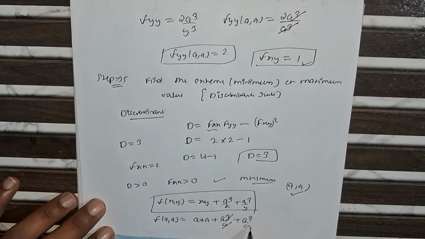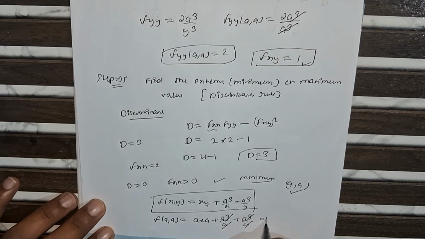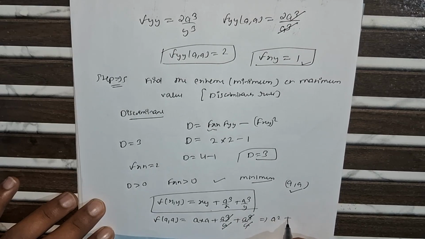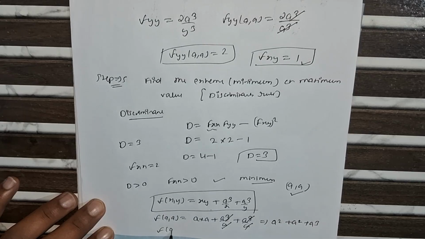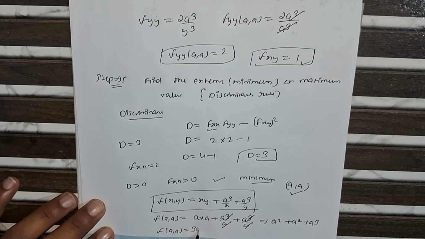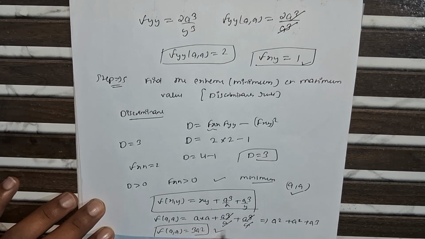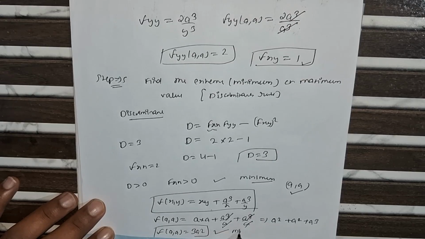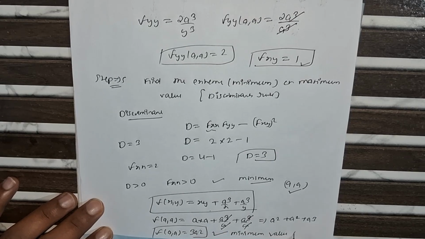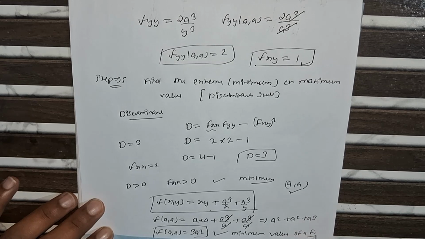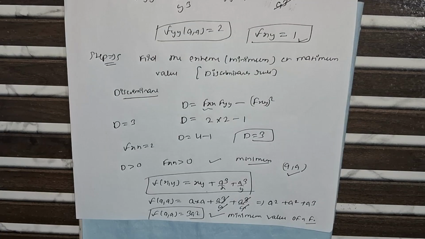So this will cancel out, it becomes a² plus a² plus a². So f of a comma a becomes 3a². So this is our minimum value of the function. So like this, we have to follow these steps to solve these kinds of problems.